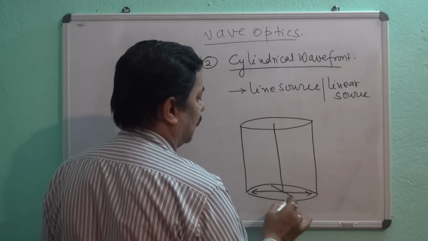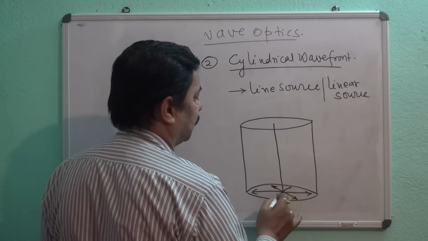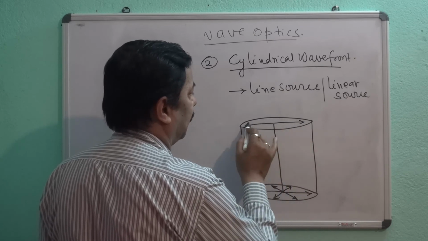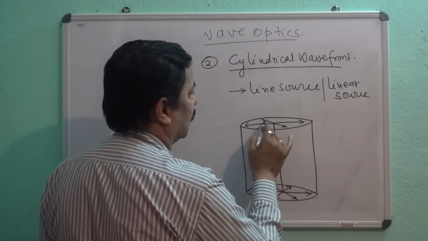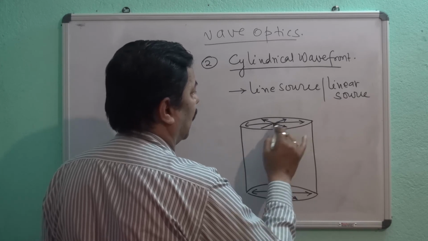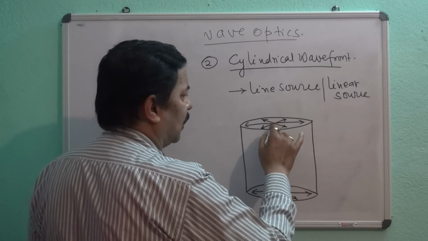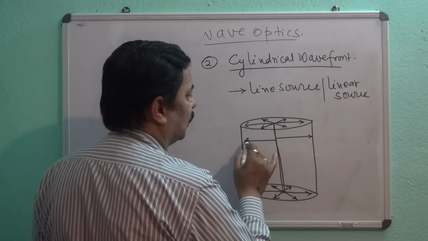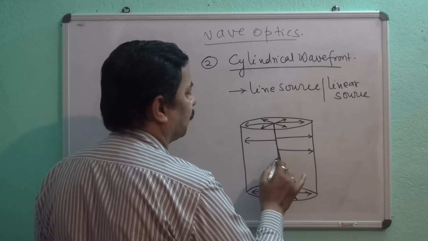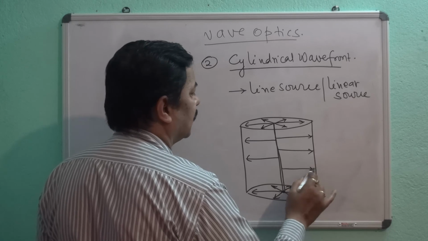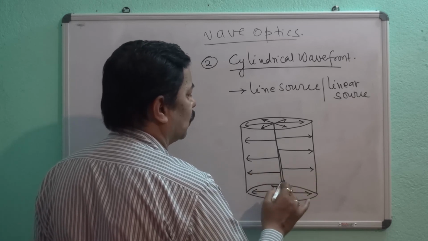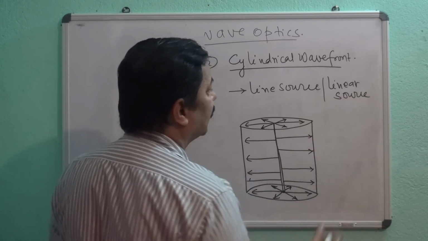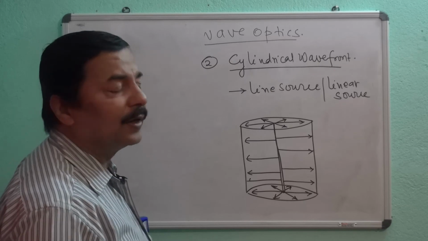The arrow gives the direction of the ray, and this is the line source. So different coaxial cylinders with the line source at the axis represent this, and the size goes on increasing. So this is your cylindrical wavefront.